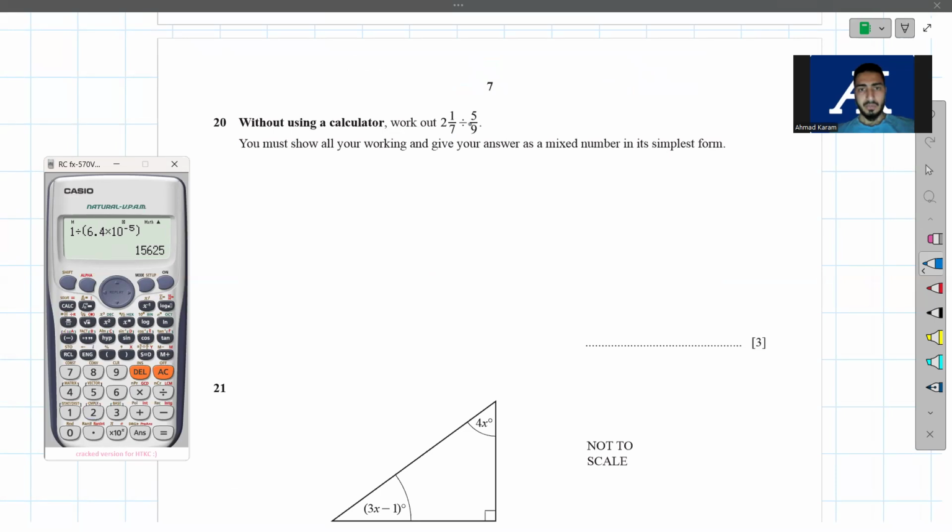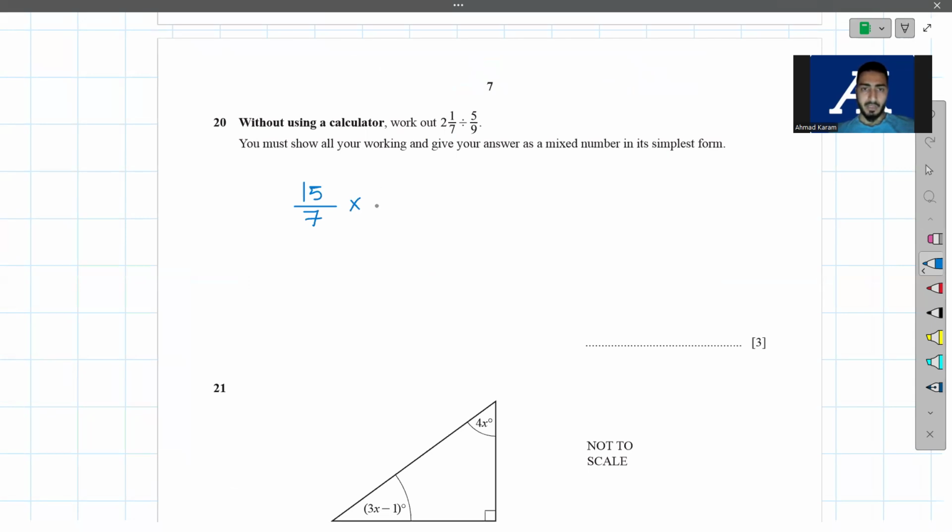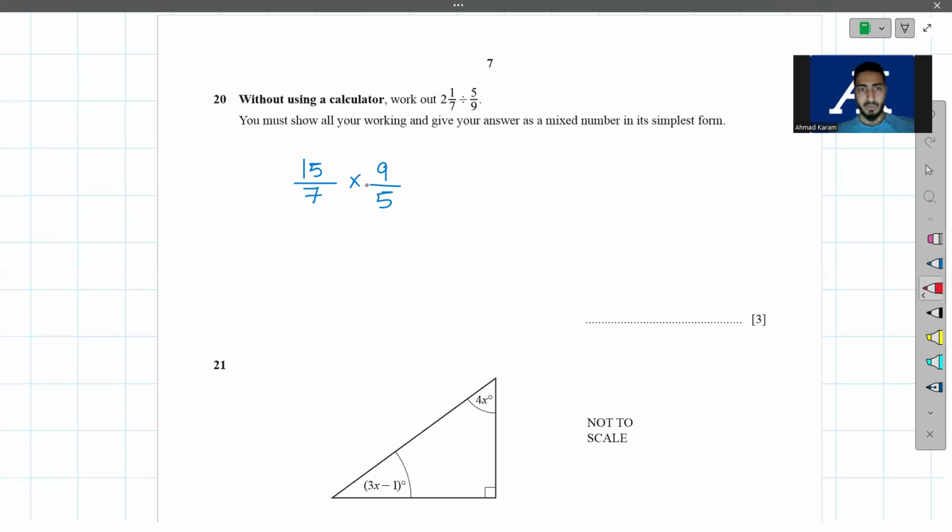Without using calculator, so we need to show all the steps. First step, I'm going to change the mixed to improper, so it's 15 over 7. And keep change flip, so multiply 9 over 5. We can simplify first or multiply. We can simplify, this is 1, this is 3, or we can multiply, then get the final answer.